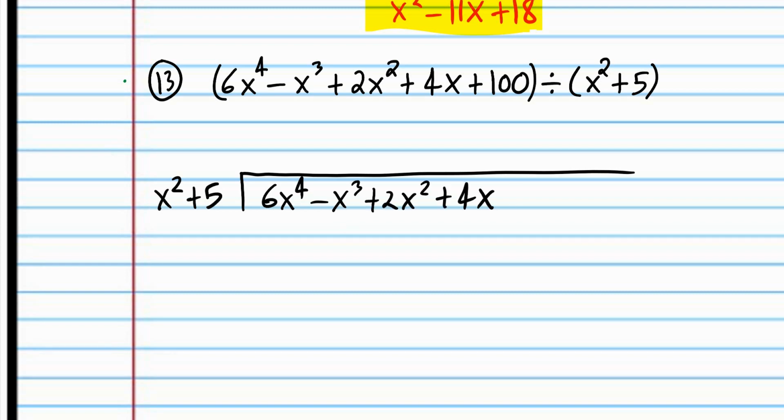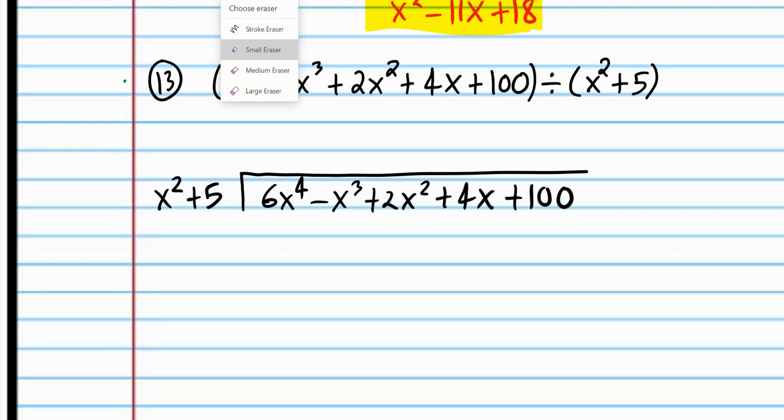And notice that the order of our terms in the dividend is correct. So we don't have to worry about that. Neither did we have to worry about that in the previous two problems. So let's go back and check, make sure we wrote everything correctly.